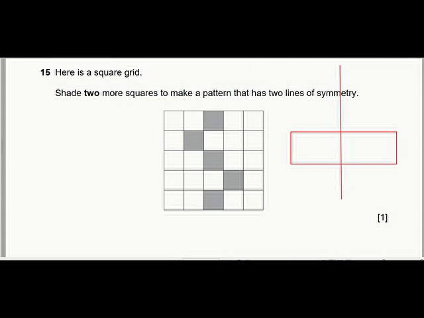So this left side is congruent to the right one. It has the same shape and it has the same measurement. So now a rectangle has 2 lines of symmetry.